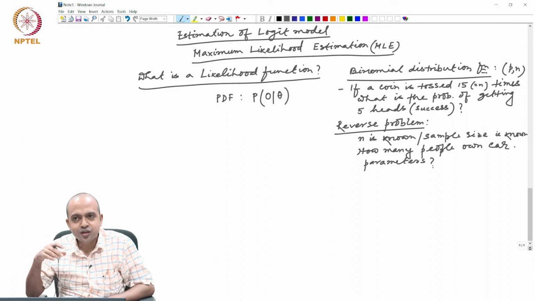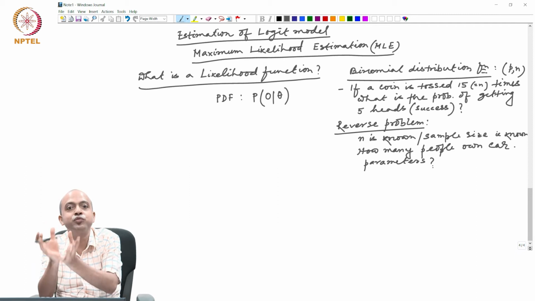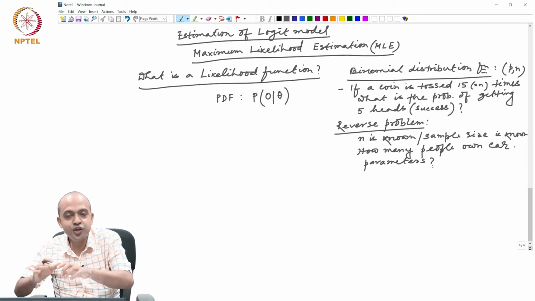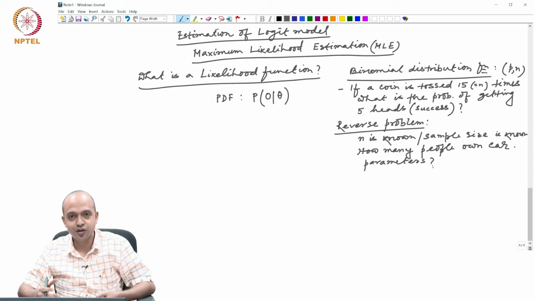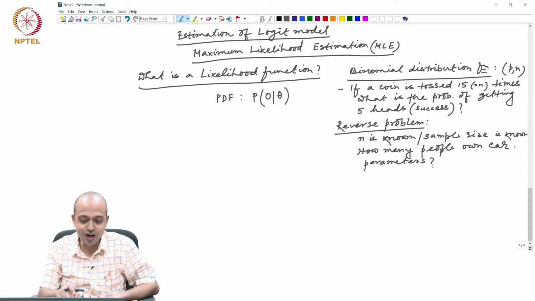So, that means in a sample size of 15 individuals, 5 individuals are having a car, that is my sample, and I have already observed that sample. Here O is actually the observed thing, which in the probability distribution function you are trying to find out. You are trying to find out the probability of getting 5 successes, that is denoted by O.